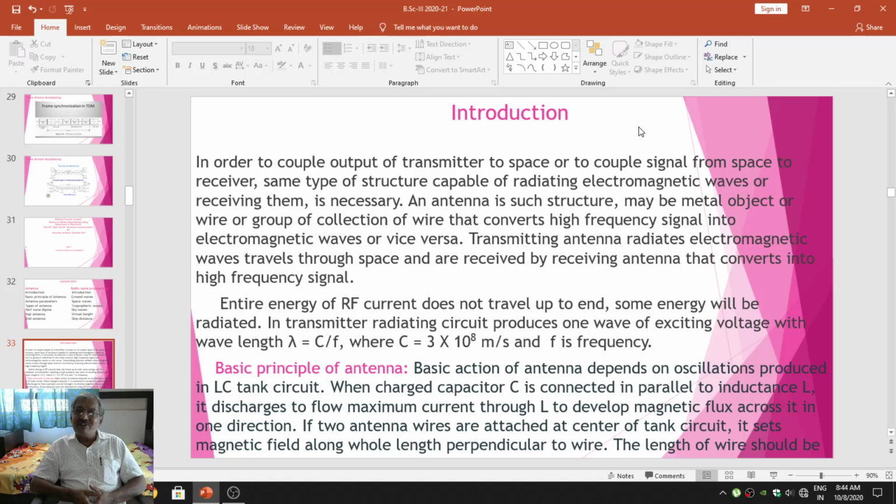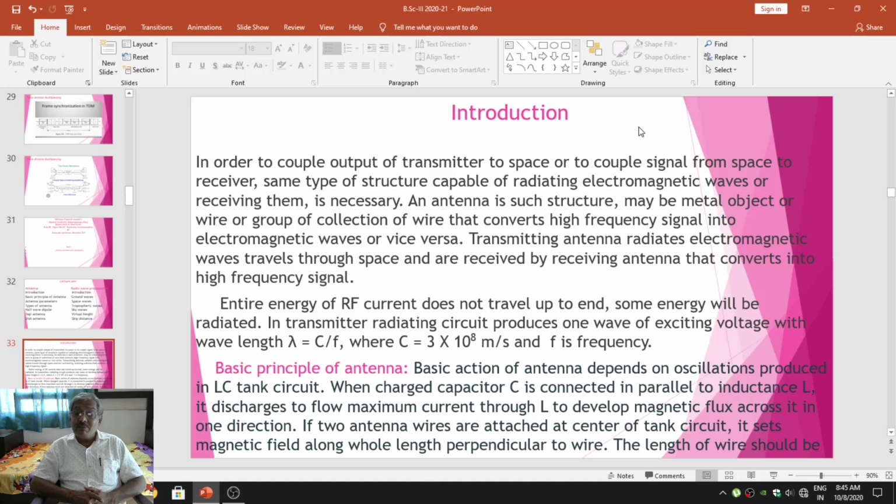All these examples make it clear that the antenna plays a very vital role in the process of signal communication from the transmitter towards the receiver.